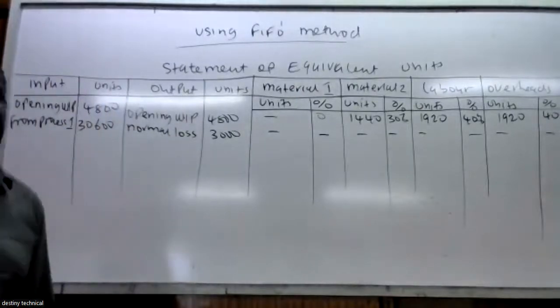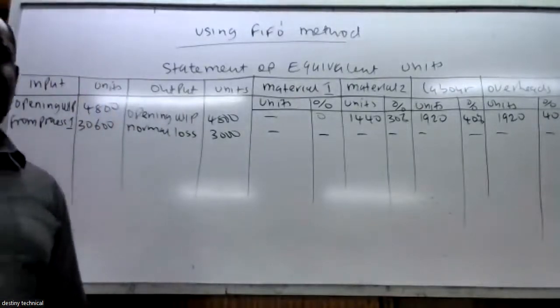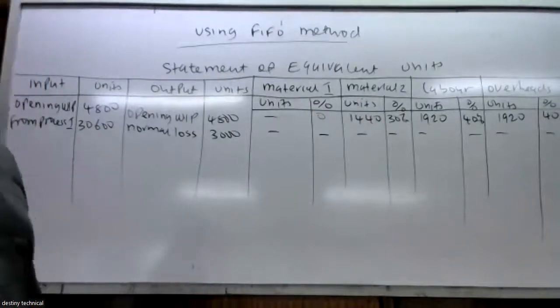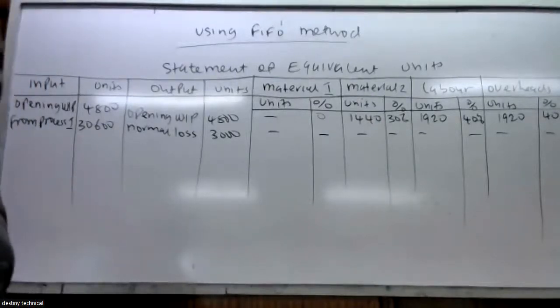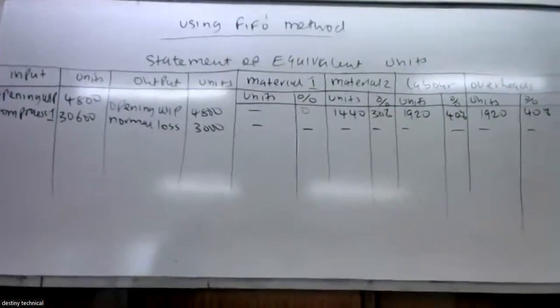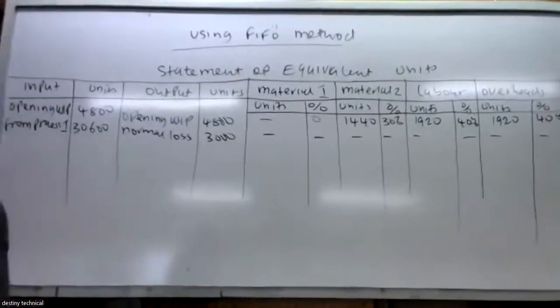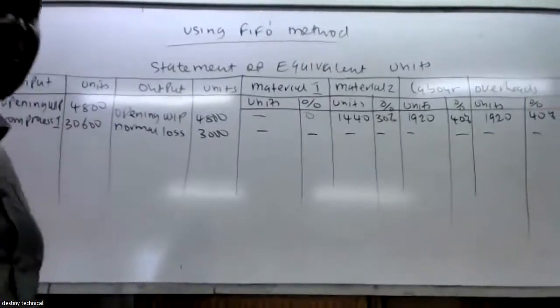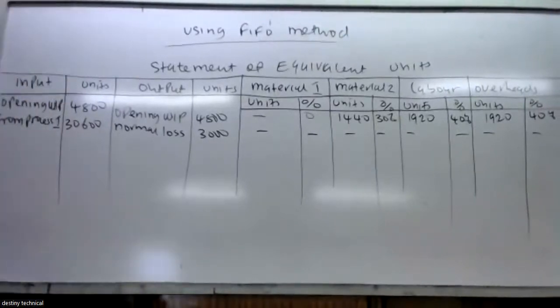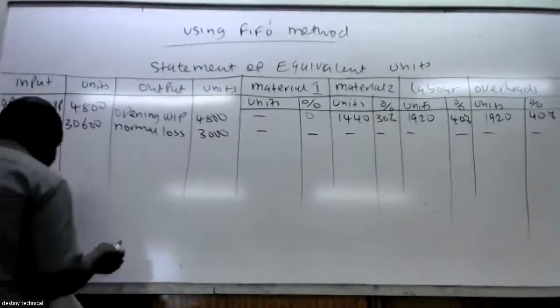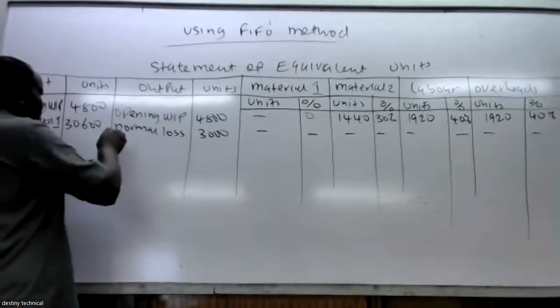So we record it as part of the output, but we cannot incur additional cost on it. The next item will be abnormal gain. The question had abnormal gain.